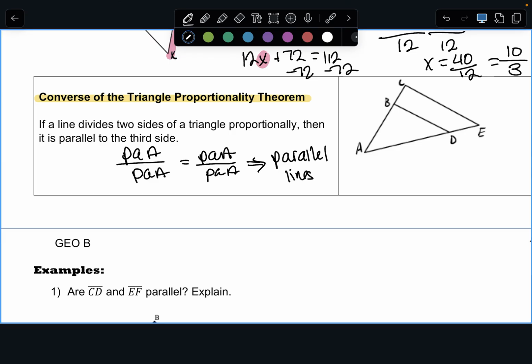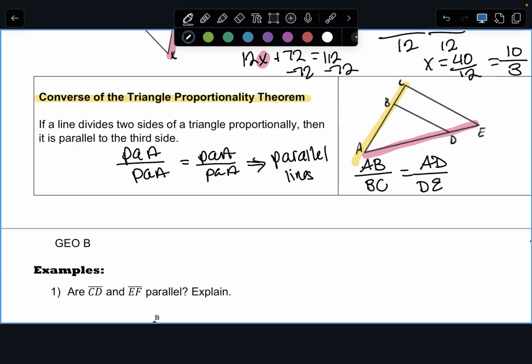Okay? So for this picture, if A over B is equal to B over C, that's my parts of my yellow triangle, or my yellow side. If that fraction is equal to the parts of my other side, the pink side, AD over DE.